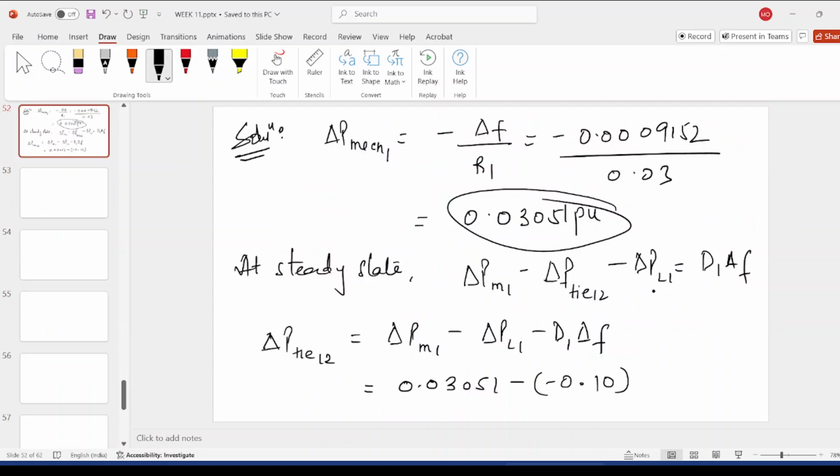Then minus d1.8 into del f, which we already know is 0.00095152.